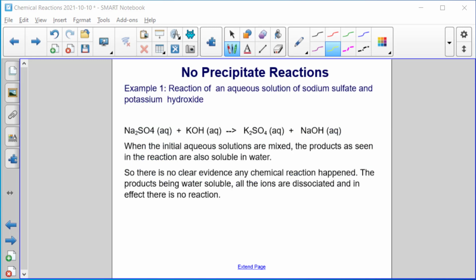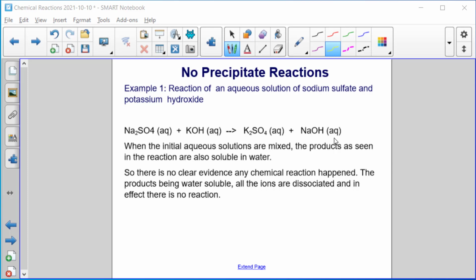Let's look at another example of a no precipitate reaction, the reaction of an aqueous solution of sodium sulfate and potassium hydroxide. Remember that we can often think of these precipitate reactions as the cations switching places. So now the potassium is with the sulfate and the sodium is with the hydroxide. When the initial aqueous solutions are mixed, the products as seen in the reaction are also soluble in water.